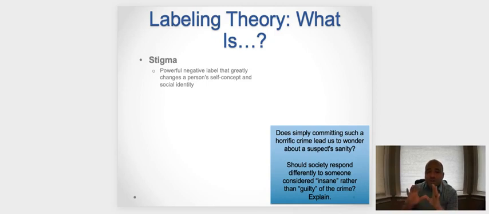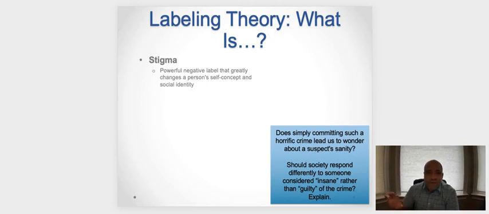Stigmas also generally apply to racial minorities. Now in the video that you'll watch or have watched, the black actor has a stigma attached to him. And the stigma that's attached to him is criminality, right? The idea that he is more likely than others to be a criminal or to be a thief.